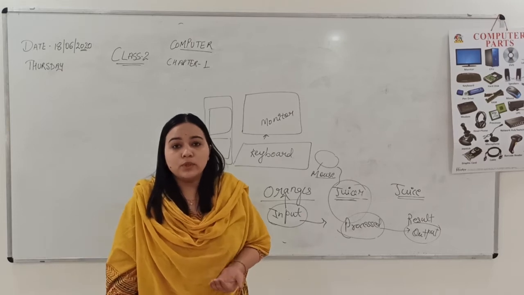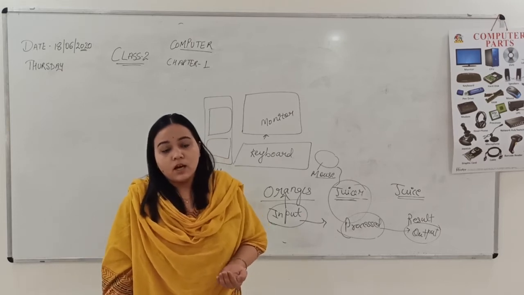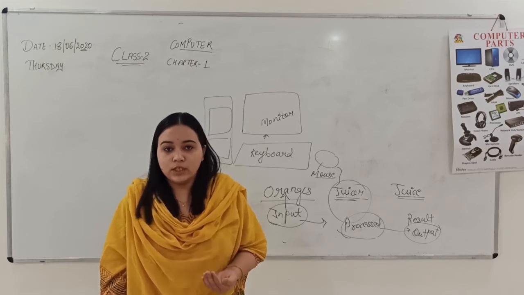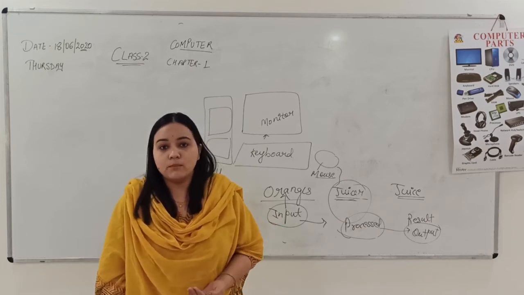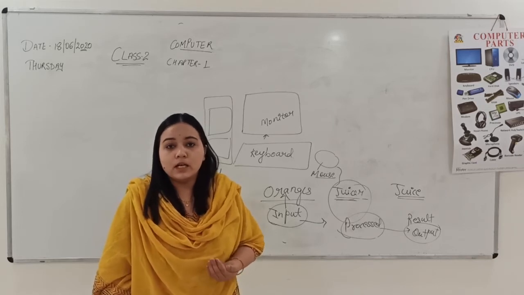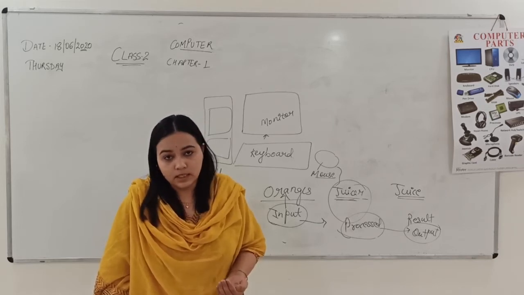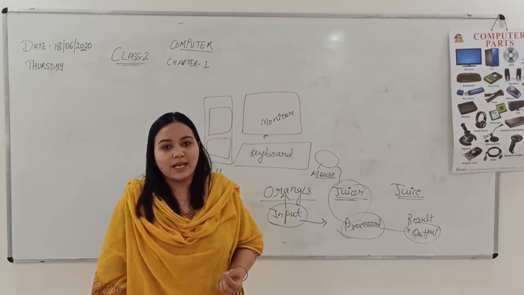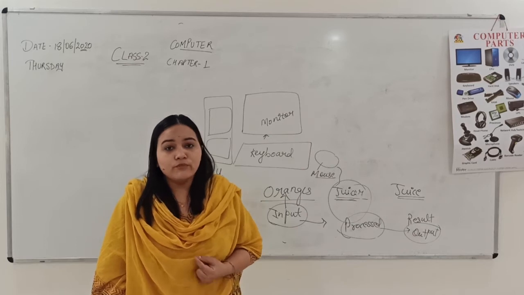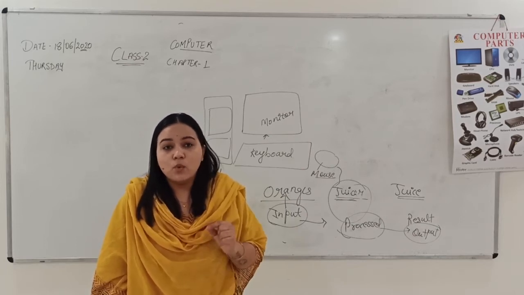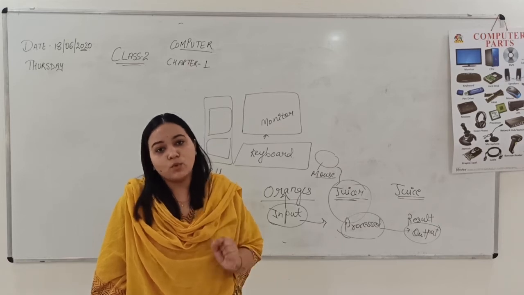Also, a computer never makes a mistake. Human beings can make a mistake. If we are doing a calculation or an arithmetical sum or a problem of mathematics, we can make mistakes. But a computer never makes a mistake, and it does your work in just no time at all. But there is also a very important thing that you need to know, that a computer works on your instructions only.